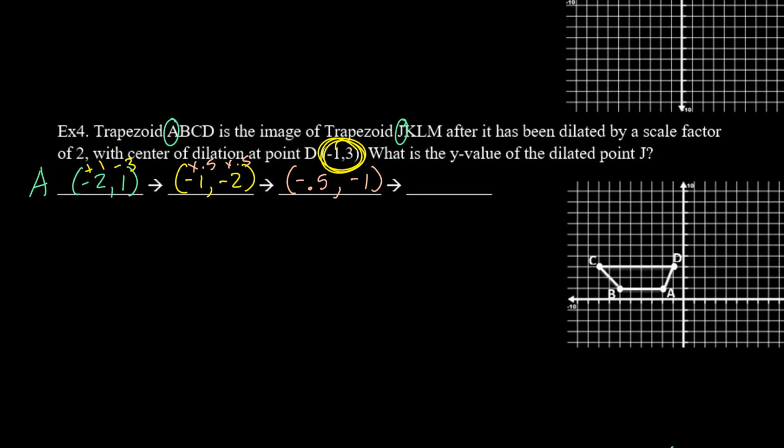And then once I multiplied there, what do I now do, Reese? Yes, you're going to add the dilation point, the point you're dilating about, back on. So I'm going to add -1, which is the same as subtracting 1, and I'm going to add 3.